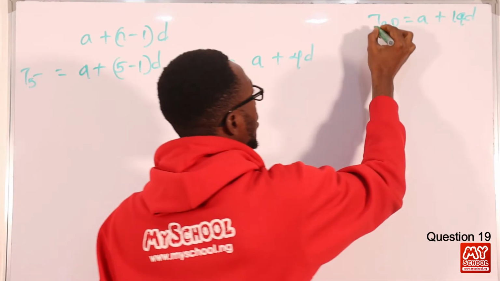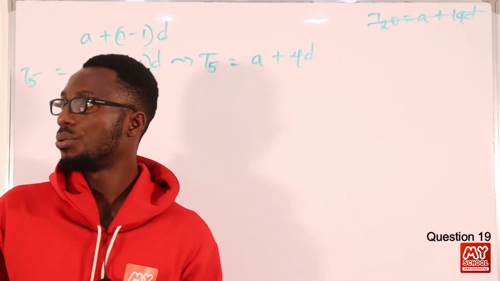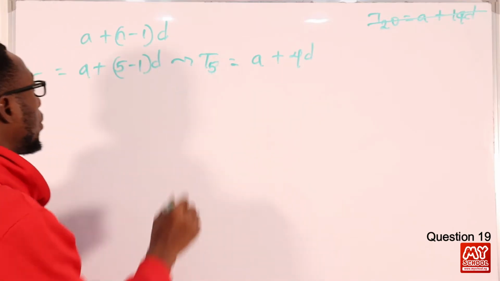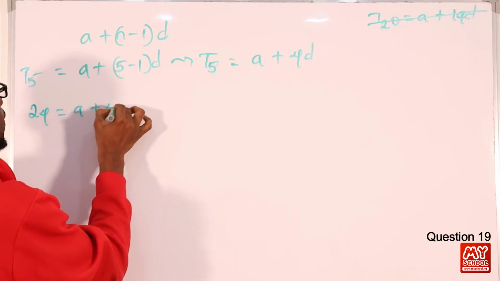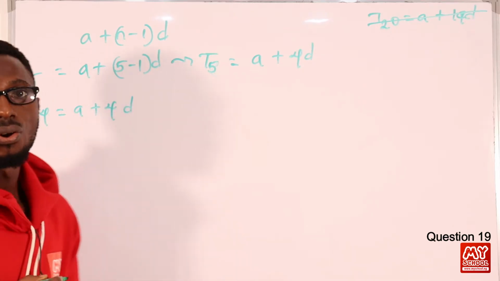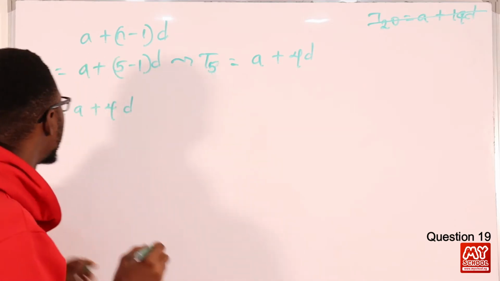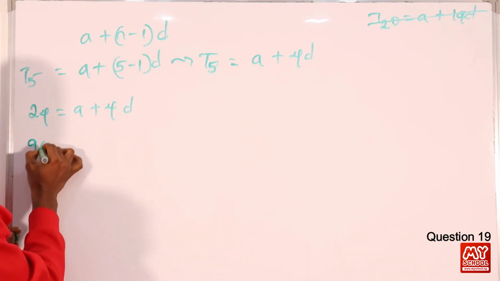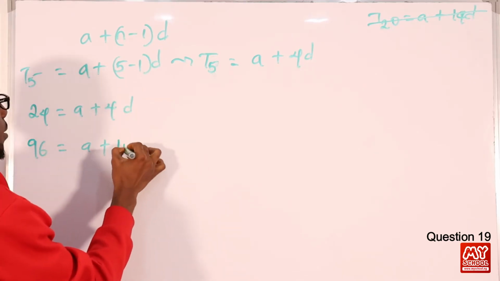So we are told that the fifth term has the value 24. So this implies 24 equals A plus 4D. Then we have the 11th term is 96. So 96 equals A plus, remember 11 minus 1, that is 10D.